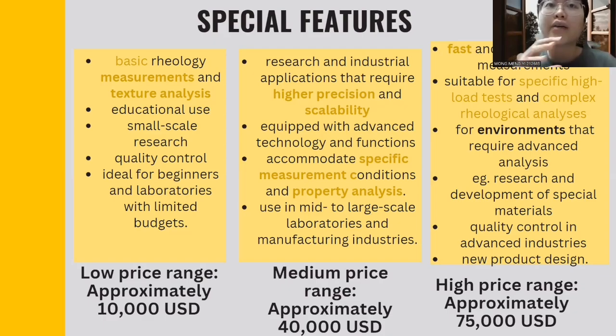And rheometers at the high price range are capable of fast and highly accurate measurements. They are suitable for specific high-risk tests and complex rheological analysis. So it is ideal for environments that require advanced analysis such as research and development of special materials, quality control in advanced industry, and new product designs.